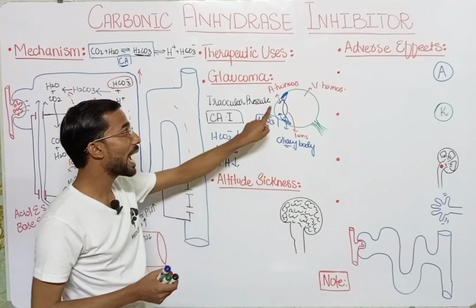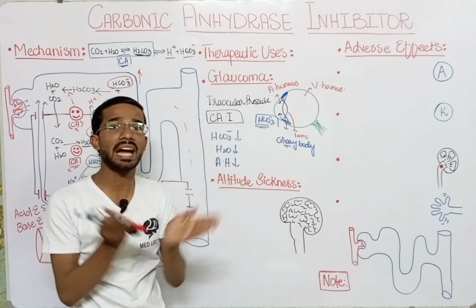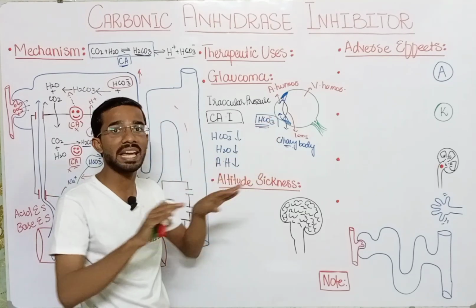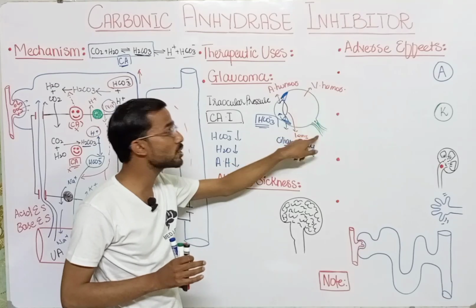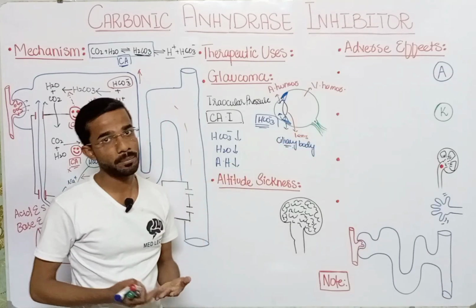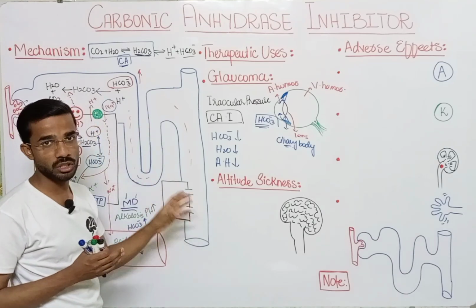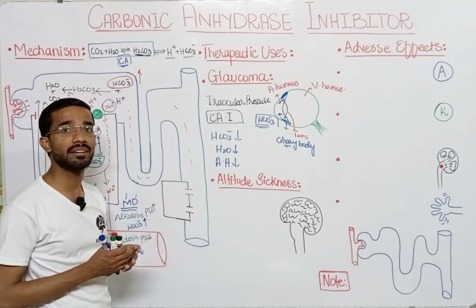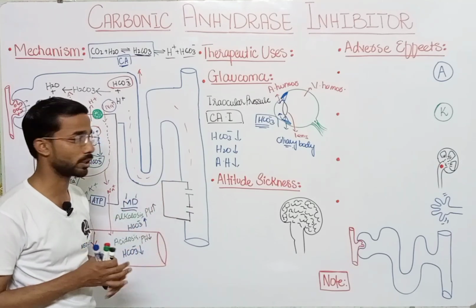So if the aqueous humor is reduced, then the intraocular pressure generated by the humor will reduce, and the chances of damage to the nerves will be reduced. So this is the basic process, and in that situation we use the carbonic anhydrase inhibitor in case of glaucoma. So this is the important point.